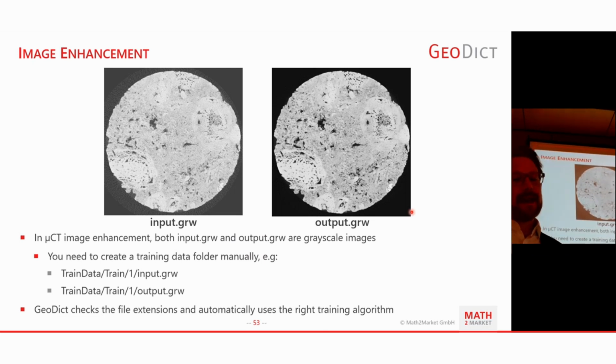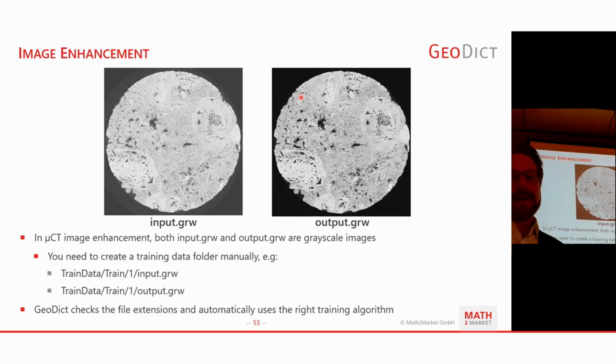You can take these samples and produce a training data folder with a structure that I mentioned before, but you won't have input GDT and output GDT, but input GRW and output GRW, which are geodetic grayscale images. You can run the training in the same way, it will automatically detect which it is, and it will run a different loss metric, different backend, in order to work on grayscale images.